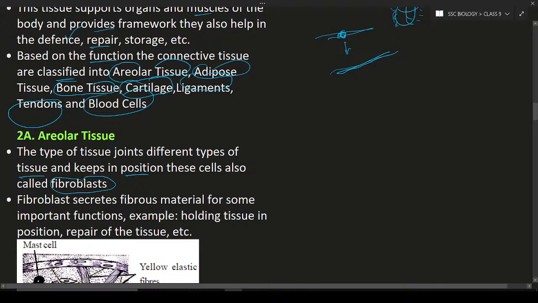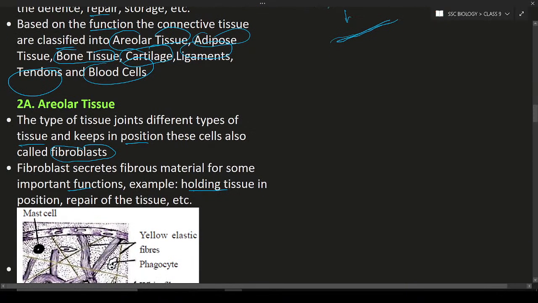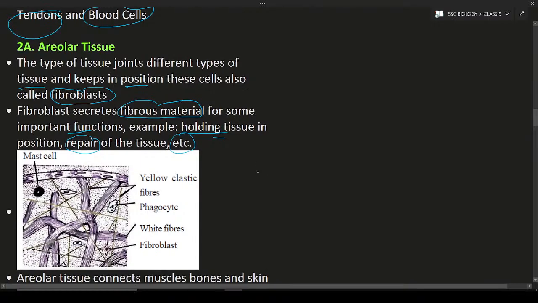These fibroblasts are going to secrete a material for some important functions, such as holding tissue. Whatever fibrous material they secrete holds the tissue in position, and is also involved in repairing the tissue, etc. So these are the main important functions of the fibroblast cells and their secretions.